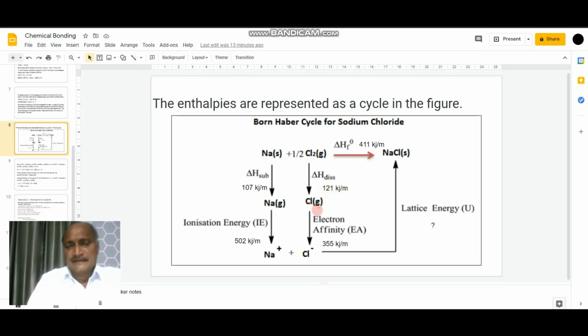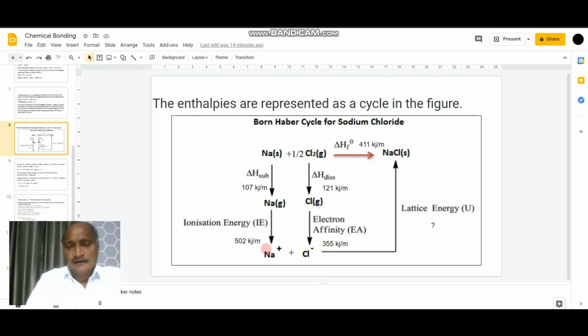After forming a gaseous chlorine atom, it takes the electron lost by the sodium atom while converting into a sodium ion. The chlorine gains an electron and is converted into a chloride ion with the release of a certain amount of energy called electron affinity, EA, equal to 355 kilojoules per mole.